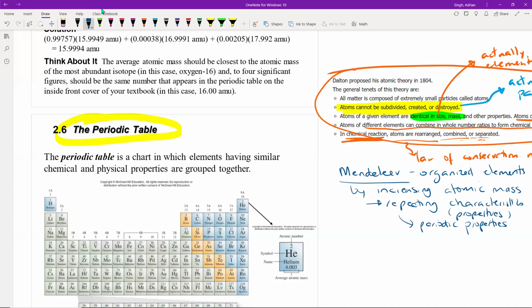Okay, as an analogy, you can think of a grandfather clock, the pendulum that swings back and forth. That's a periodic motion as well. Properties change that way. And that's what Mendeleev discovered. Now, the periodic table we use today is not organized by increasing atomic mass. Instead, today, the periodic table is organized by increasing atomic number.